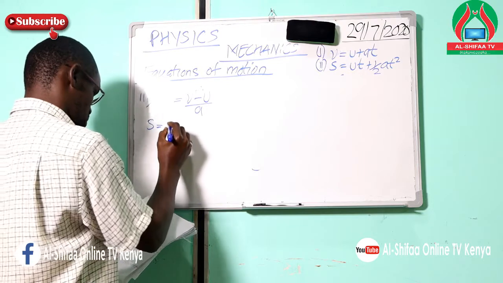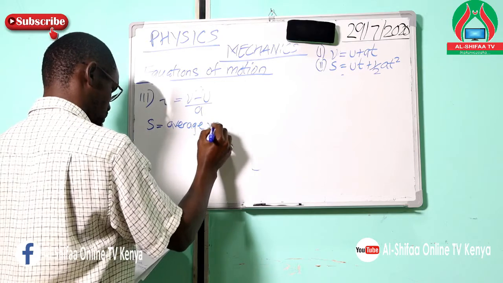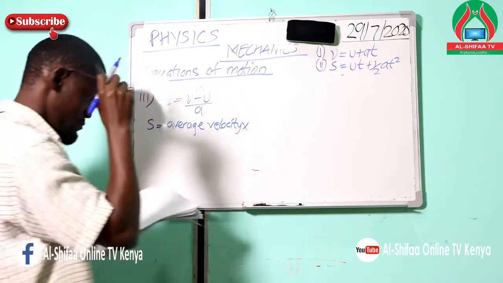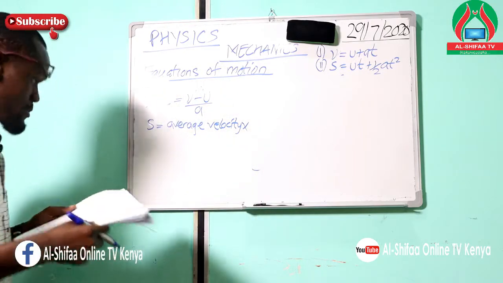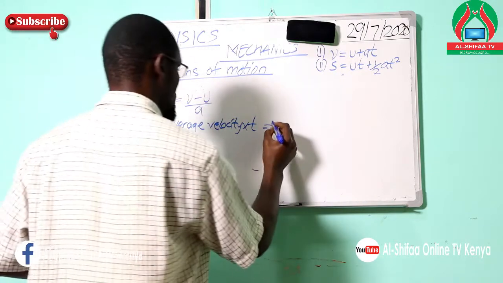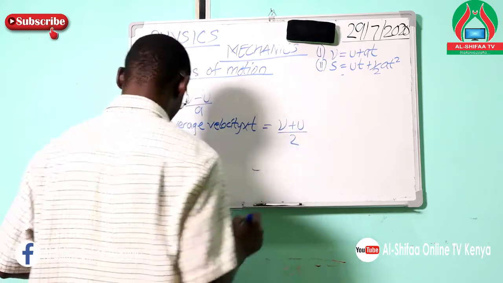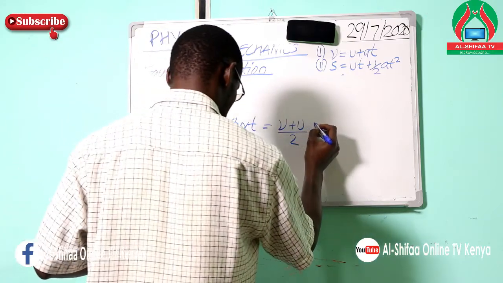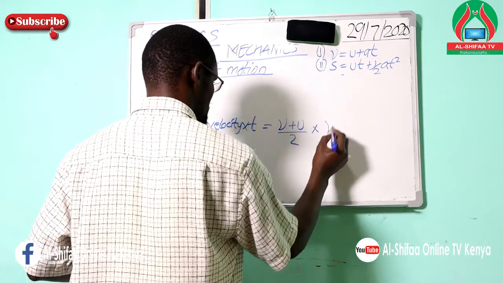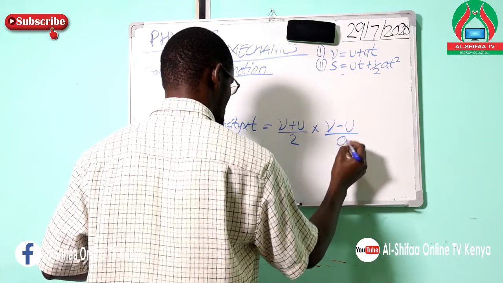So our s, which is equal to average velocity times t, will be equivalent to v plus u, or u plus v, over 2, multiplied by the representation of t, which is equal to v minus u over a, which is acceleration.